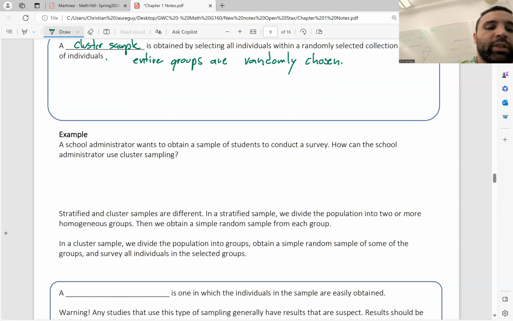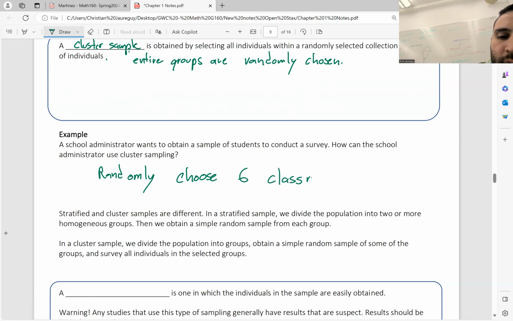So what I can do is randomly choose 6 classrooms in third period. And that might get a good mix of the population of your campus.